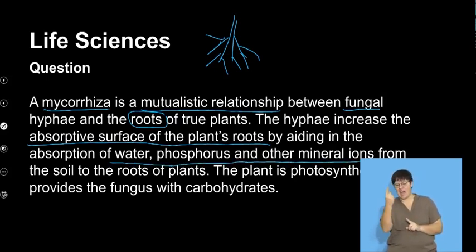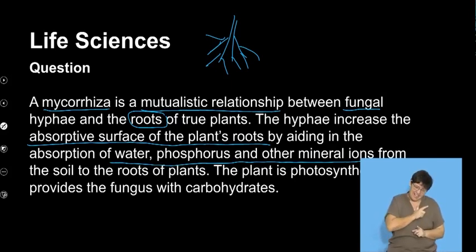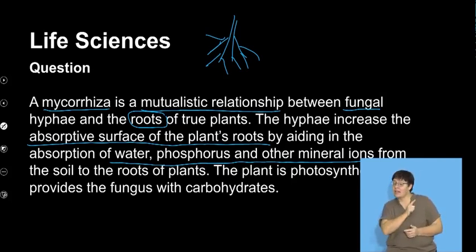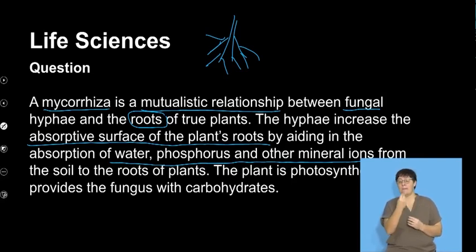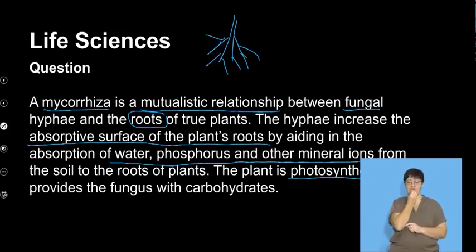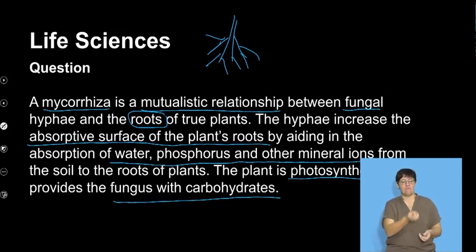It's telling you important information about the experiment that you're going to do. So it's telling you the mycorrhiza really helps plants to grow. The plant is photosynthetic, which means that it can make glucose and starch and provides the fungus with carbohydrates. Guys, really important, read it carefully.